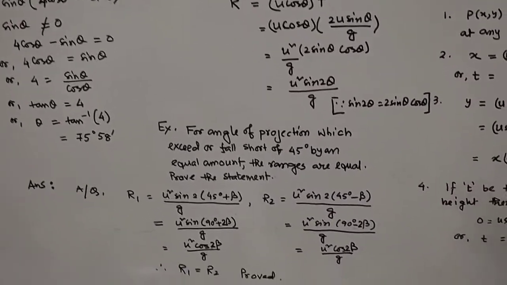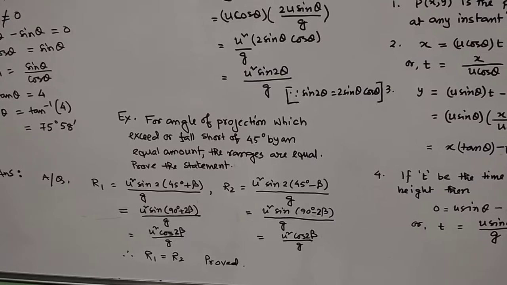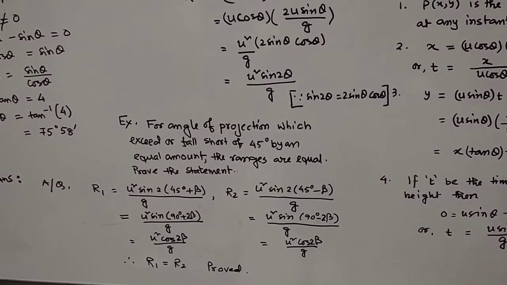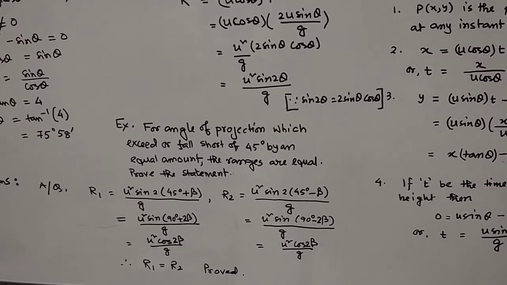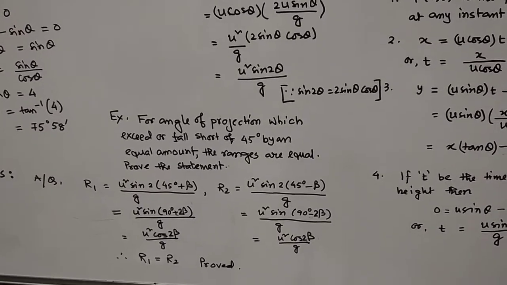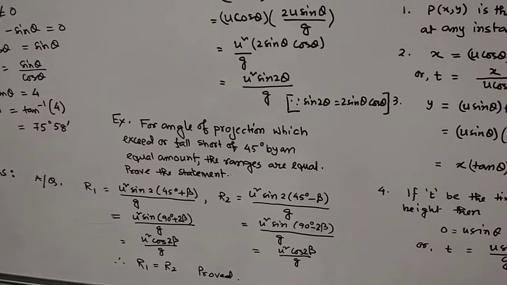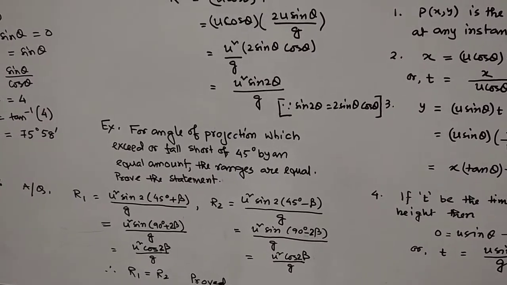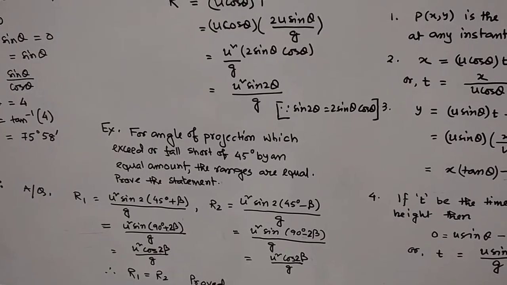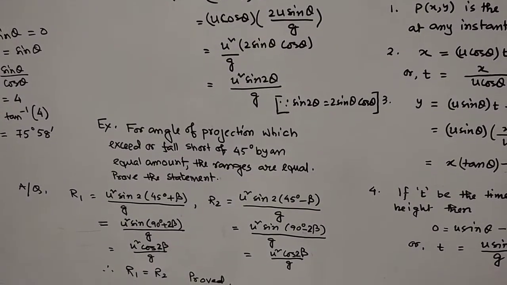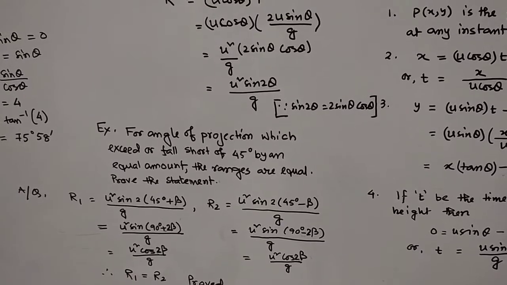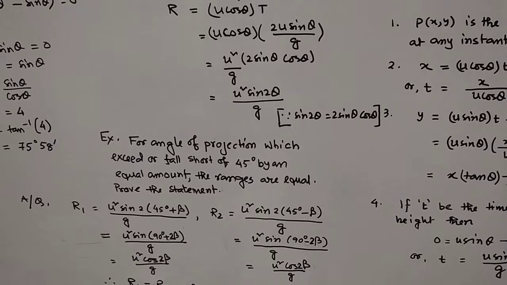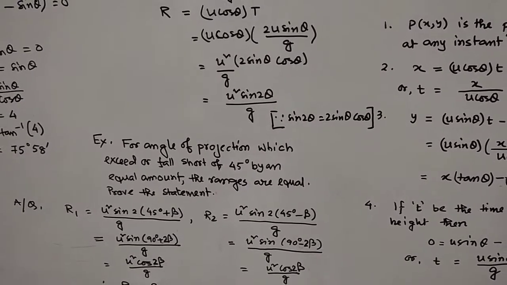Now the next sum: show that for angles of projection which exceed or fall short of 45 degree by an equal amount, the ranges are equal. Let me repeat. By an equal amount means suppose a particular angle, let us consider it as beta.